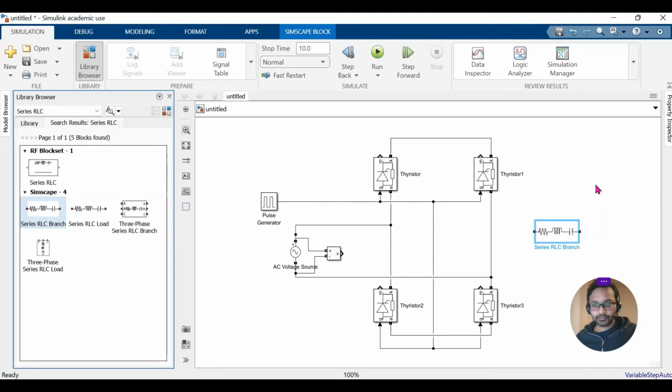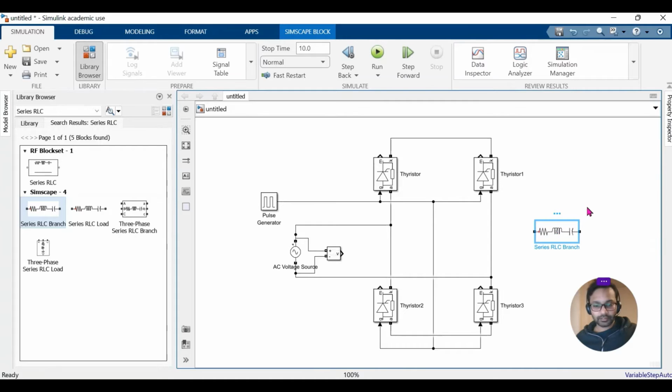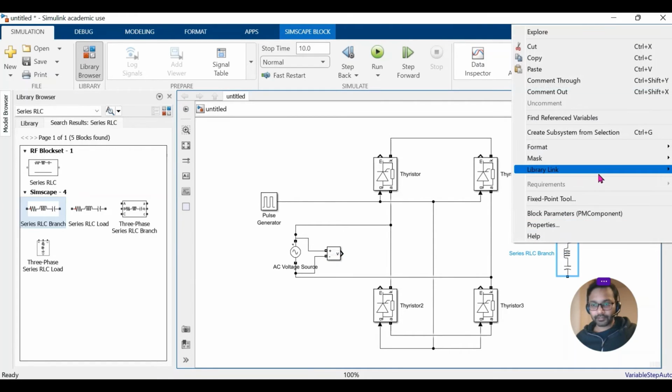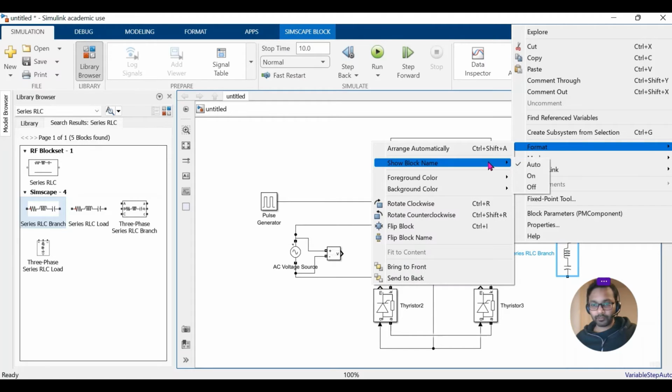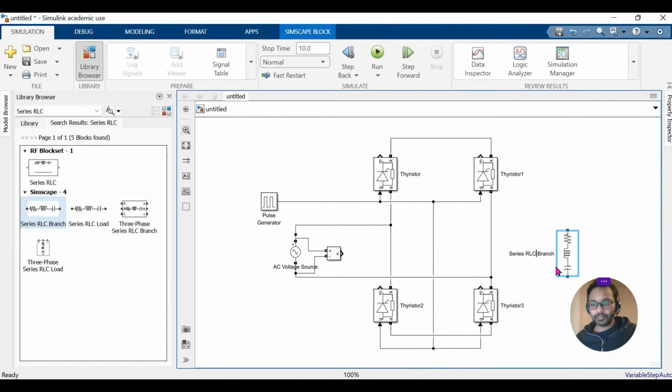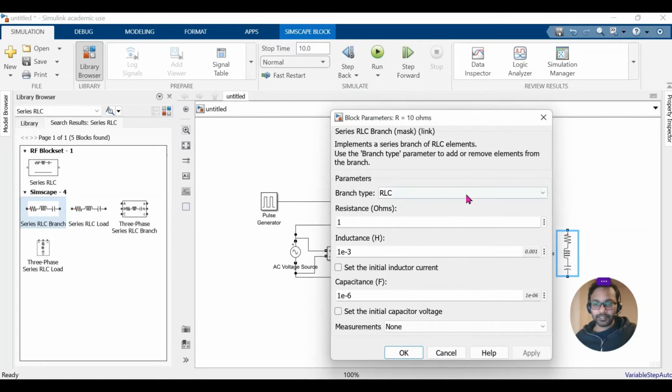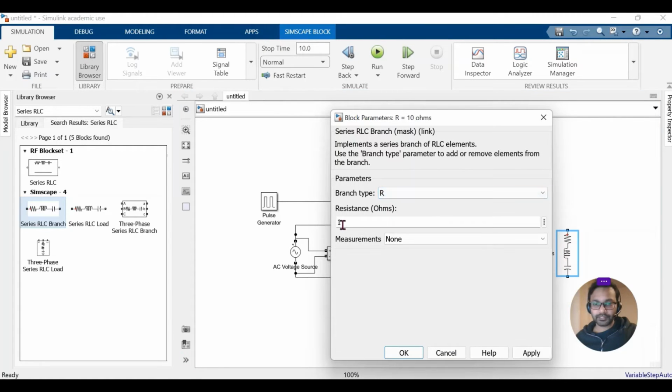Let's rotate this one, and turn on the block name. So this is my load resistor, and its value will be 10 ohms. So R equals 10 ohms. Change the parameters, so resistance of 10 ohms.